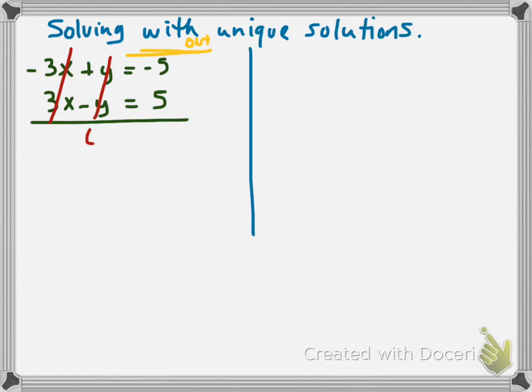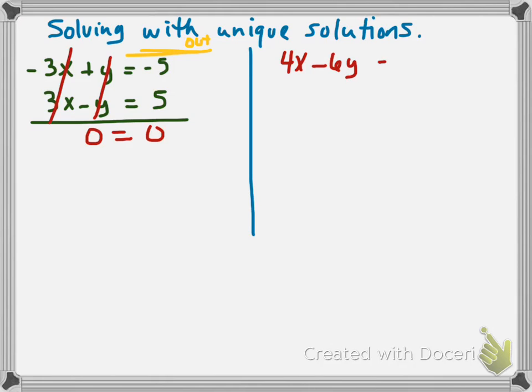So that becomes a 0 because there's nothing left over. There's no x's, no y's, completely eliminated. Now, what happens when you work with the right side? Negative 5 plus 5 is going to cancel too, and it becomes a 0. So that's a situation without a unique solution, because 0 is equal to 0. Okay? Now, here goes the other one.